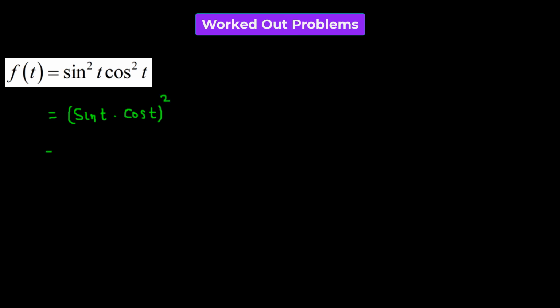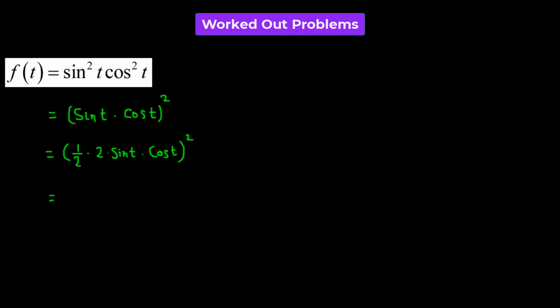Now we're going to multiply the function within the parentheses by 2, and also divide by 2. So we have half multiplied to 2 times sine t times cosine of t, whole squared.